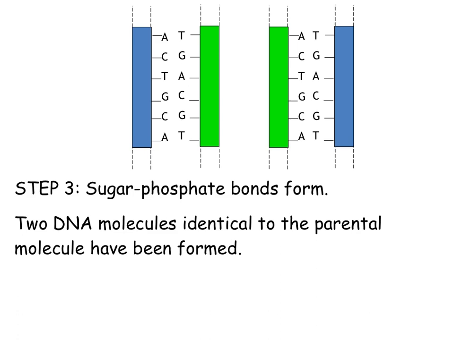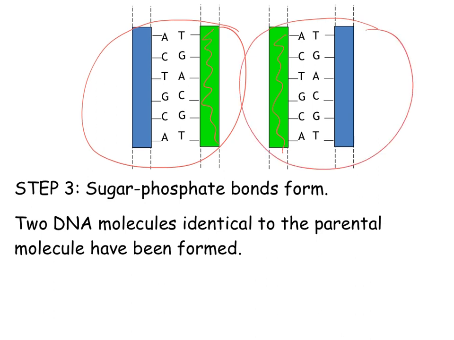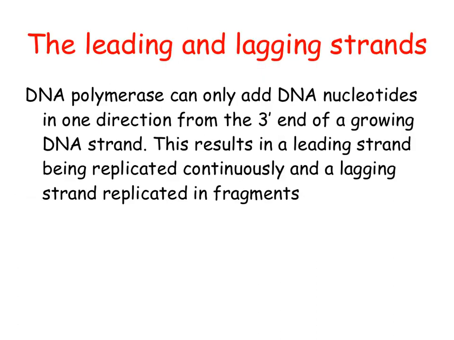Once that's occurred, sugar phosphate bonds will form here and here on the new strands that are there, and you end up with two new DNA molecules that have been formed, but they're identical to the parental molecule.